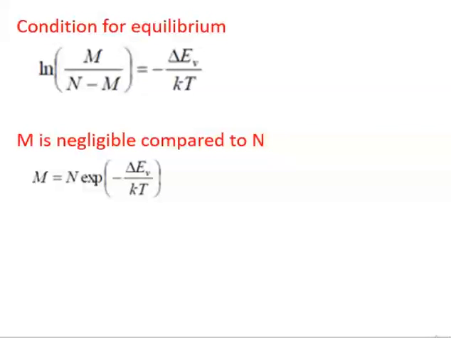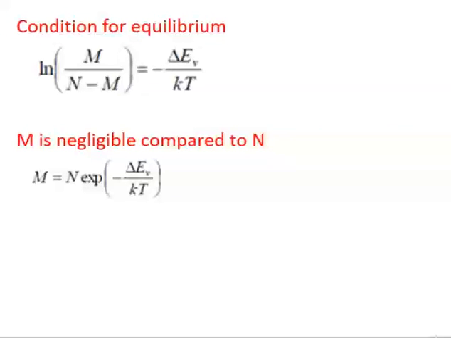Now, in order to find the simplified expression for M, which is the number of vacancies, we will make one assumption. Here we have n minus m. We assume that this n is much bigger than m, which means I can neglect this m. So I have ln of m all over n equal to this much.